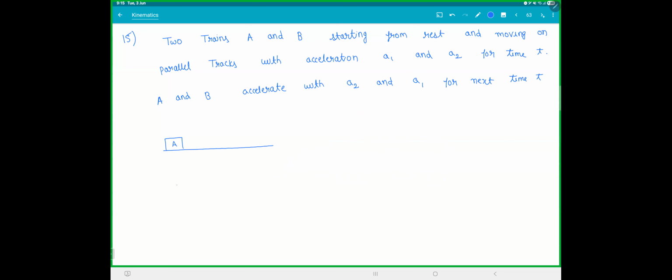So this is your A and this is your B. Initially this one is going with acceleration A1, and this with A2, starting from rest. After some time t, now we don't know who is bigger.